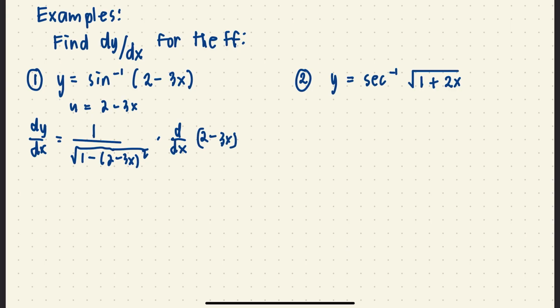The derivative of 2 is just the constant 0, minus 3x gives negative 3. So we multiply negative 3 with 1 over the square root of 1 minus, we can expand, 4 minus 12x plus 9x squared.